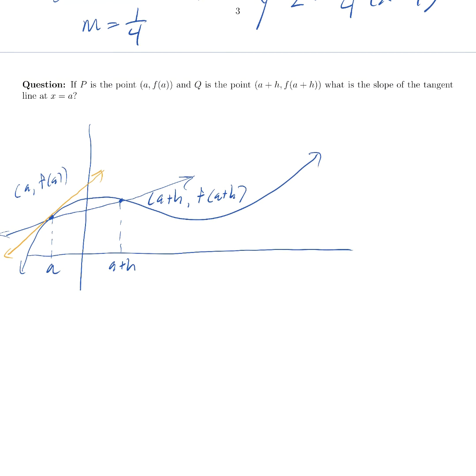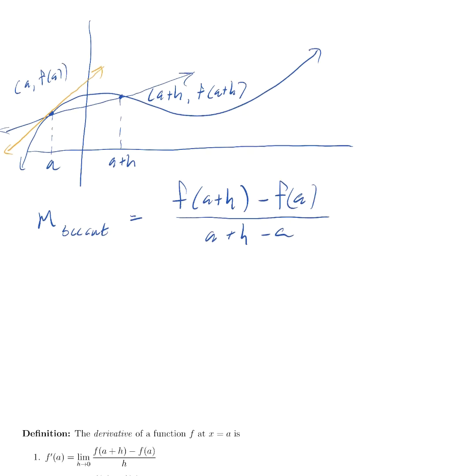Okay, so the slope of that secant line then, well, it's the change in y, which is f of a plus h minus f of a, divided by a plus h, change in x, minus a. So this is f of a plus h minus f of a, all divided by h. Okay, and then again, we want this point a plus h to move along the x-axis and get closer to a.